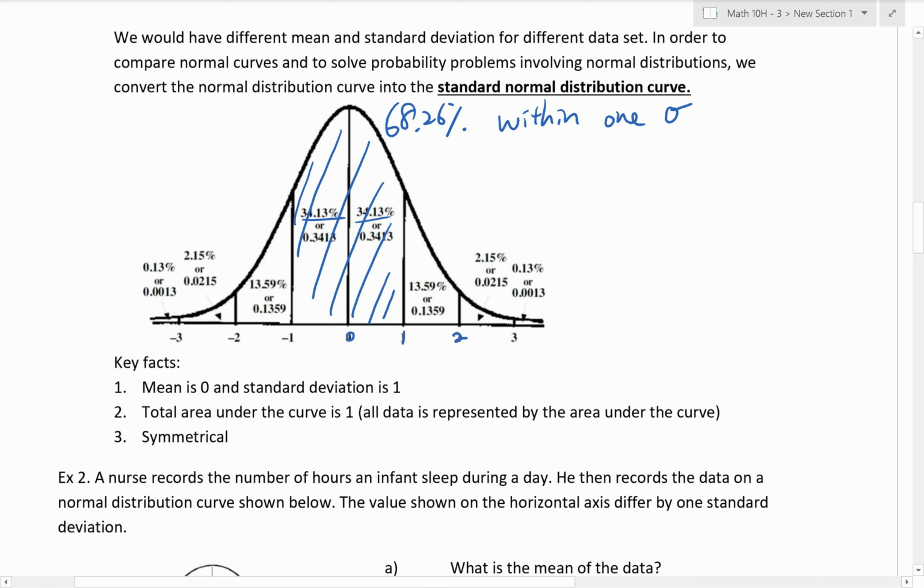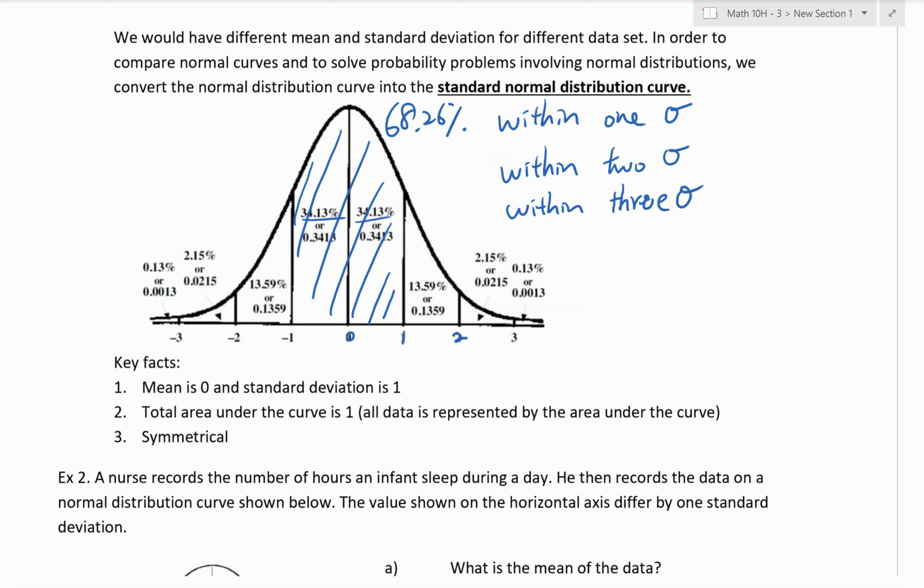You can do the same thing and calculate what percentage it covers within 2 sigma, within 3 sigma. I'll let you do it. You know what? I'll do it. All we need to do is add up these numbers here. We got 13.59.